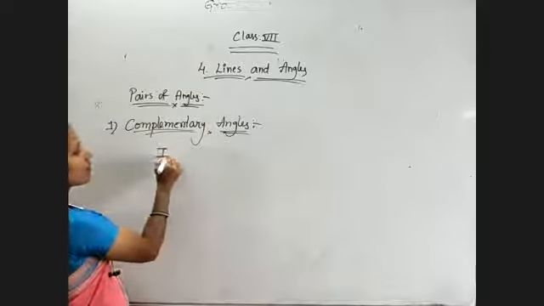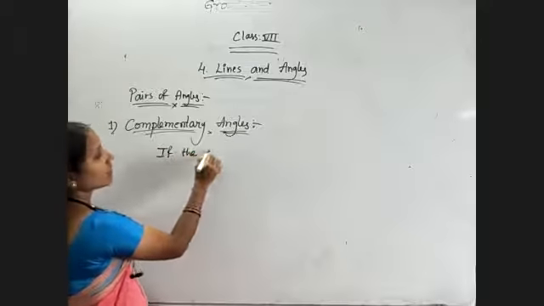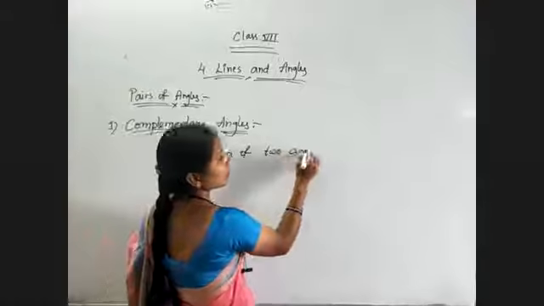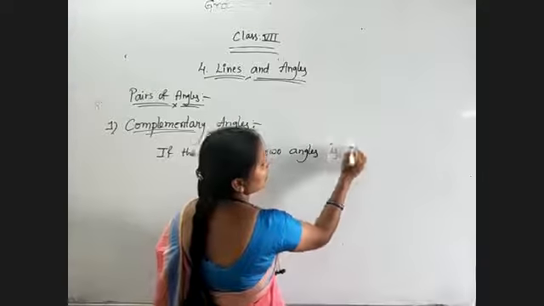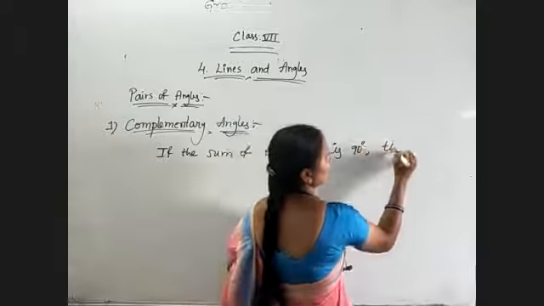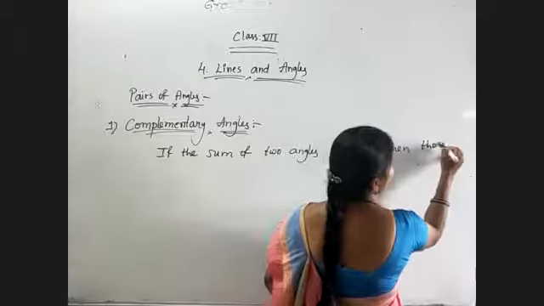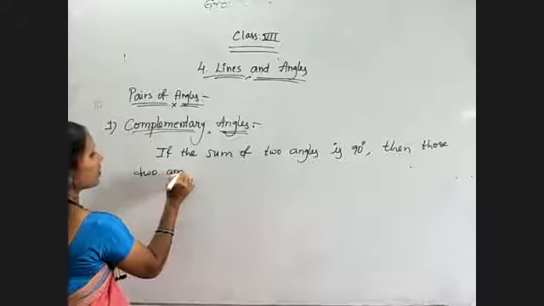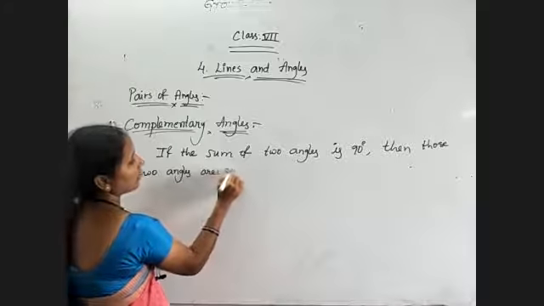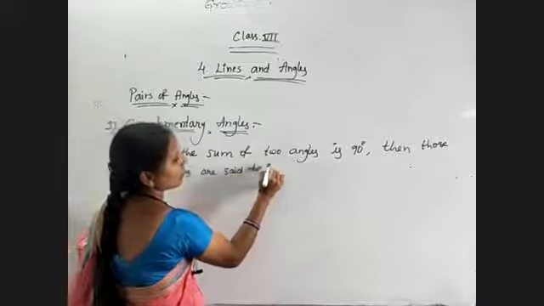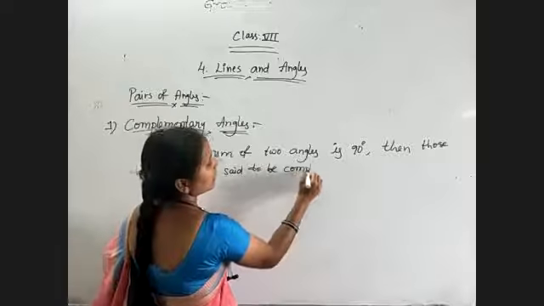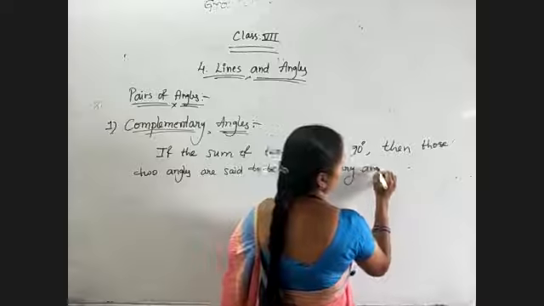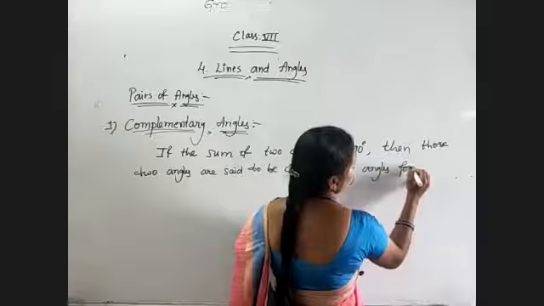Meaning if the sum of two angles is 90 degrees, then those two angles are said to be complementary angles for each other.